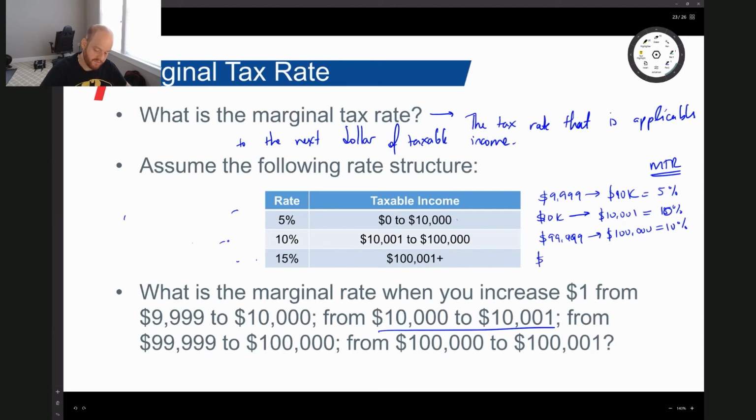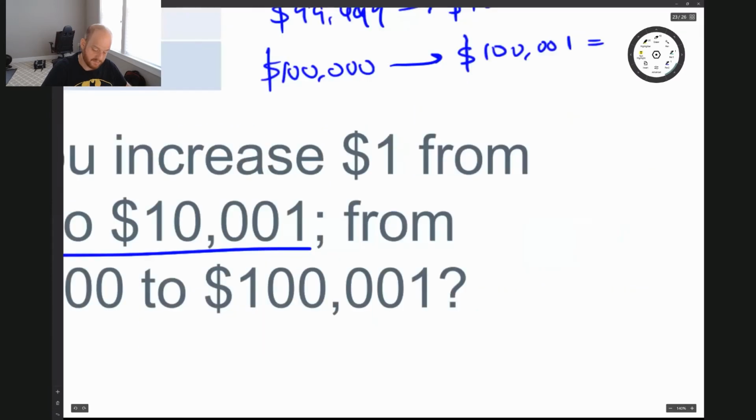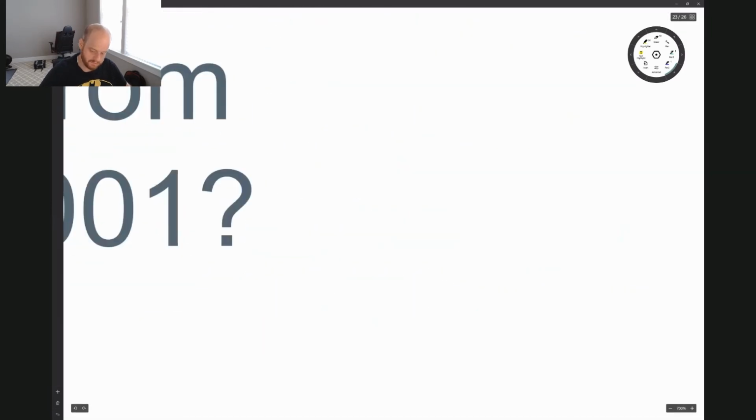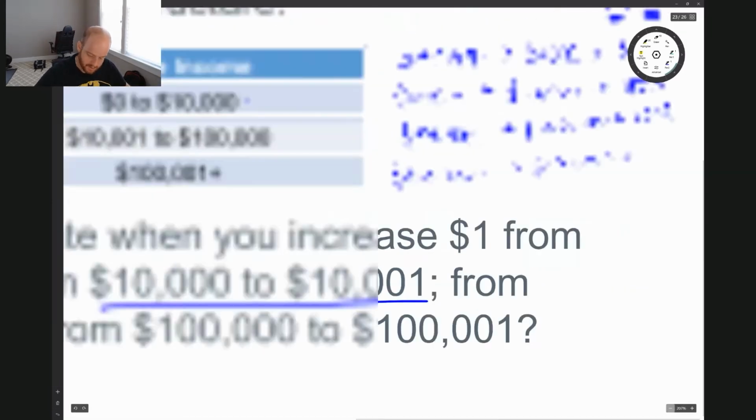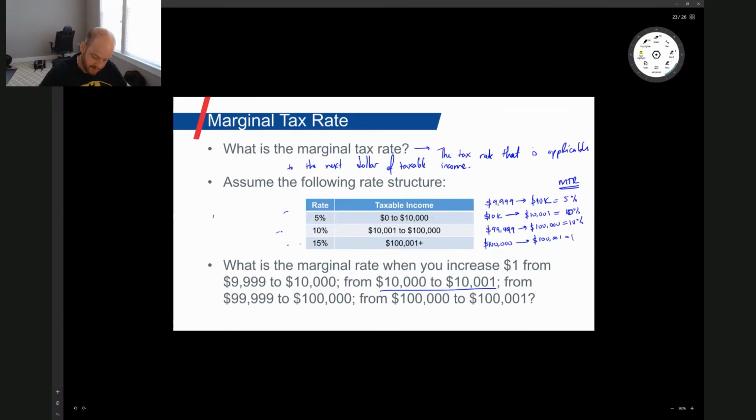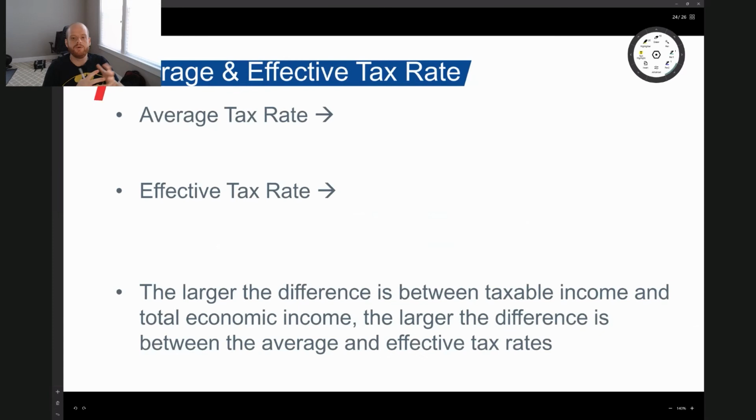And if you go from $100,000 to $101,000, your marginal tax rate is 15%. So I hope marginal tax rate made sense. It's just the tax rate at which that additional dollar of income is going to be taxed.